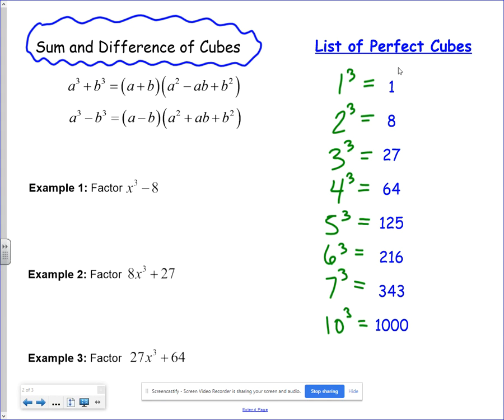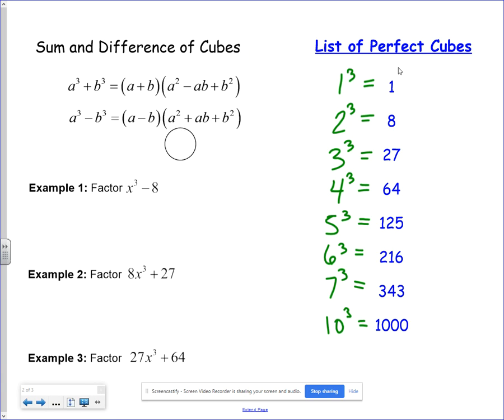Alright, so here's the form that we're going to be using when you have a sum or difference of perfect cubes. It's always going to factor like this. It's always going to factor to be a binomial times a trinomial.